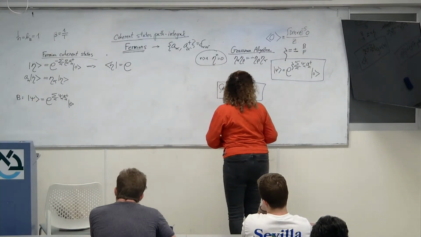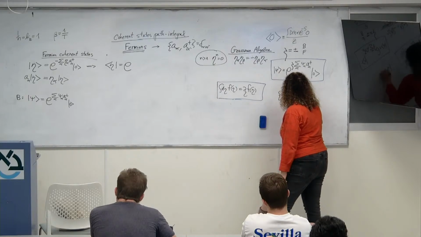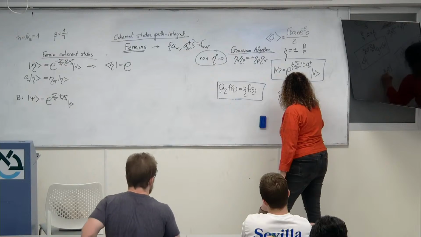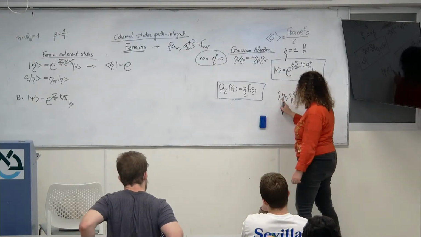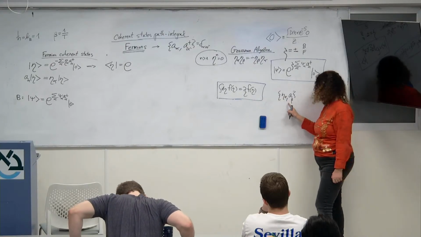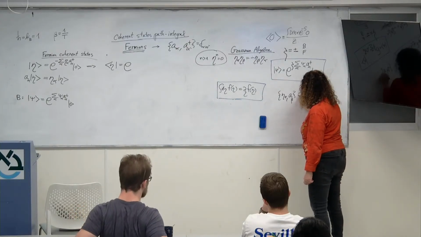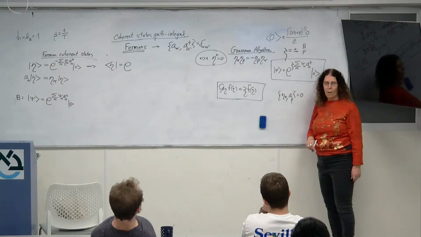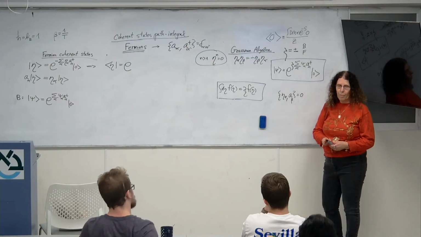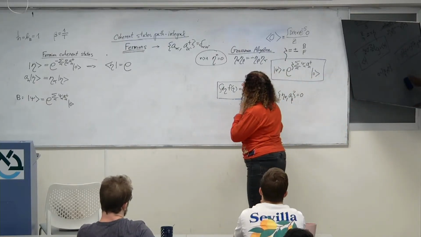I should also mention that this is another rule: if I'm interchanging a Grassmann variable and an operator, this is also anti-commutative, okay?